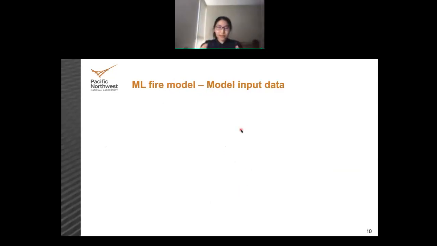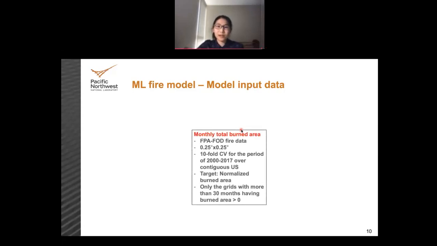And then after I go over the fire machine learning model that we are going to use today and the interpretation method we are going to use today, I can talk about the fire model implemented or developed in this study. In this study, we are trying to predict the monthly total burned area from the FPA FOD fire data at quarter degree.